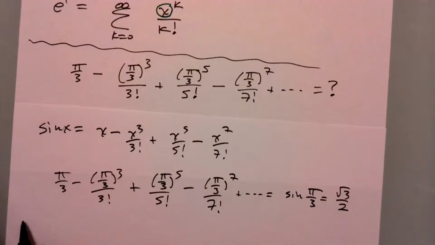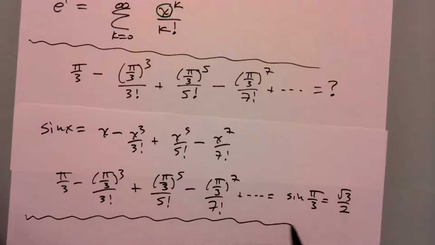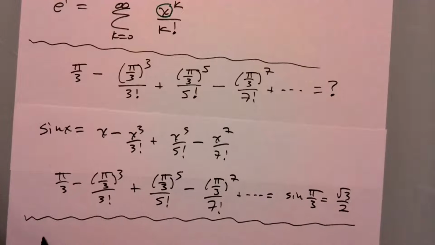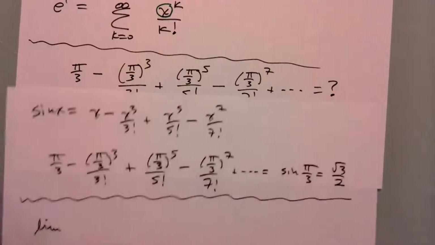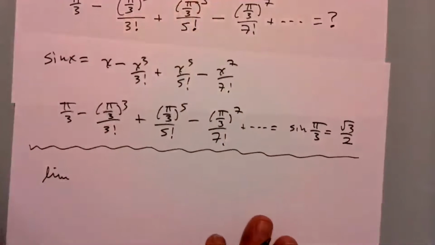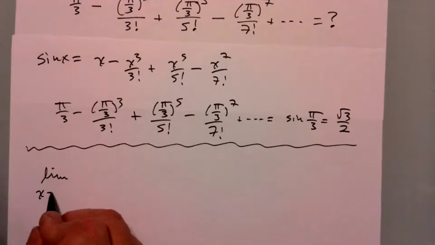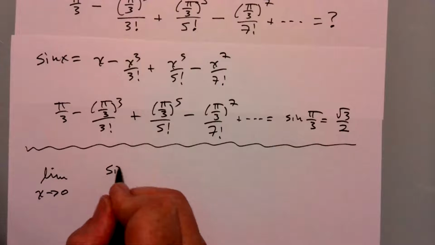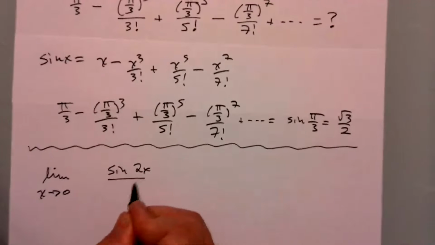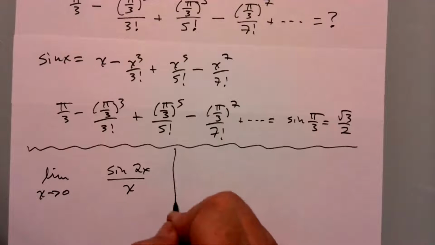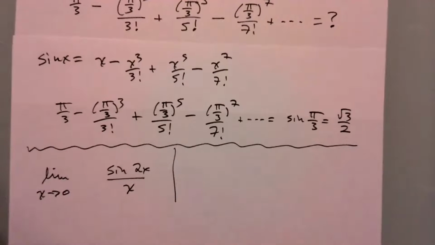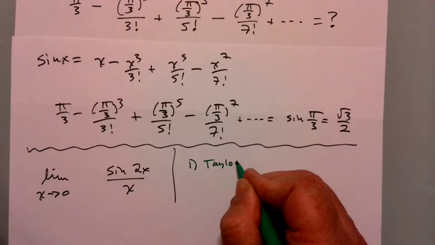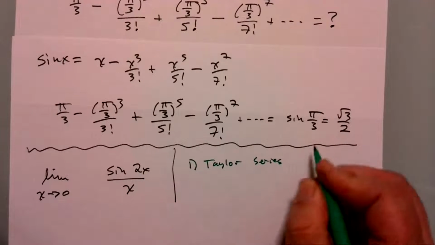Let's try another limit question. See if you can do this. What is the limit as x approaches 0 of sine 2x over x? So the steps that you will need to do, let me go ahead and put them in order. Number 1, give me your Taylor series centered at 0 for sine x.